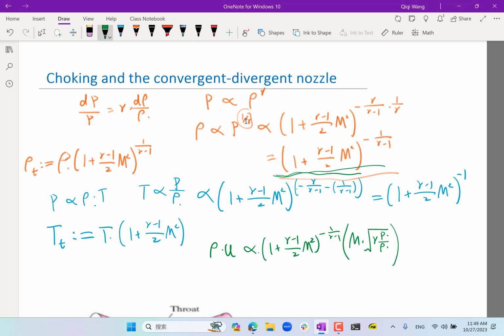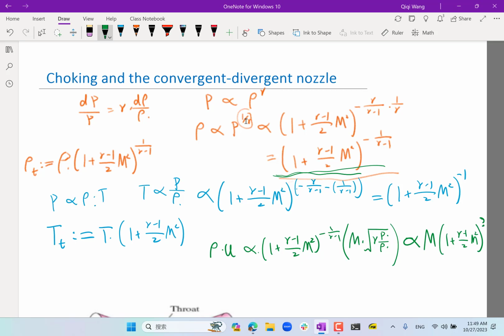So basically what we get is that this is going to be proportional to Mach number times, I'm not going to do the algebra too much over here, but it is going to be this guy to some power, because that power comes from the density here and the pressure and density over here. Agreed?